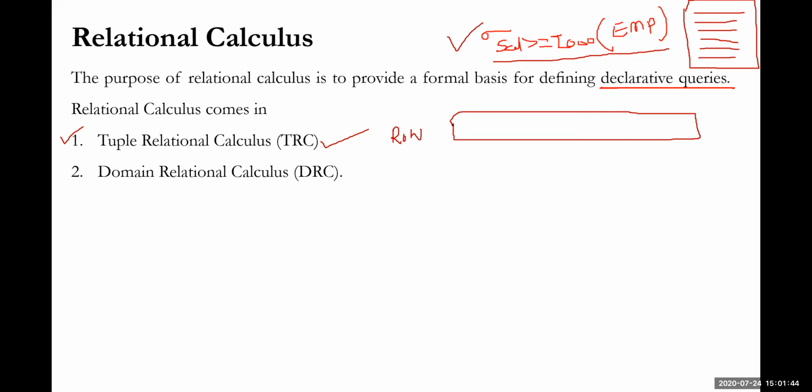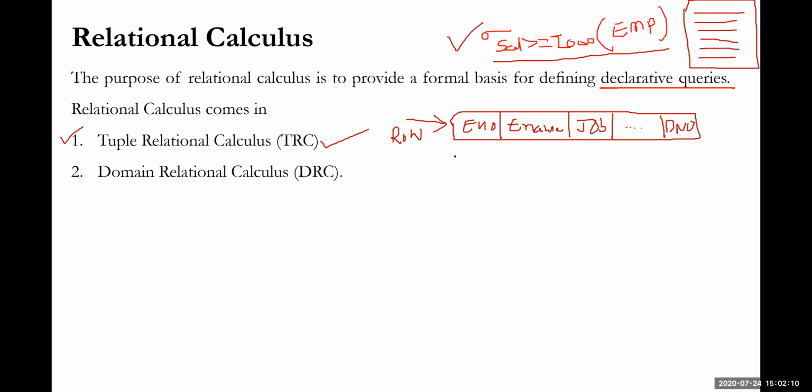Let me consider our employee table. Employee number is one column, employee name is another column, job type or job is another column, and so on, and the department number is the last column. If you are talking about a tuple, this entire tuple gets calculated.